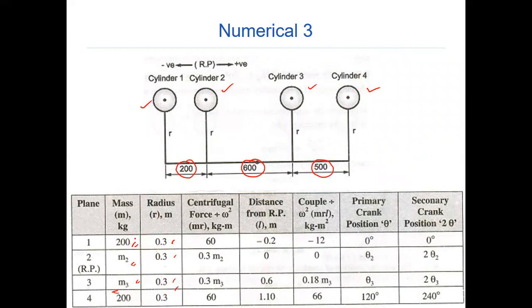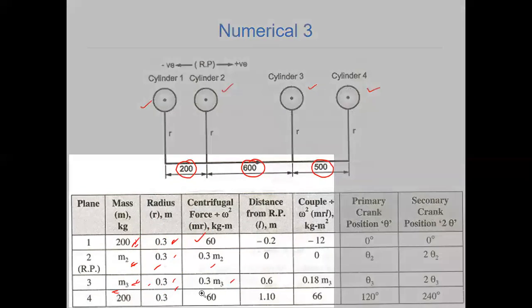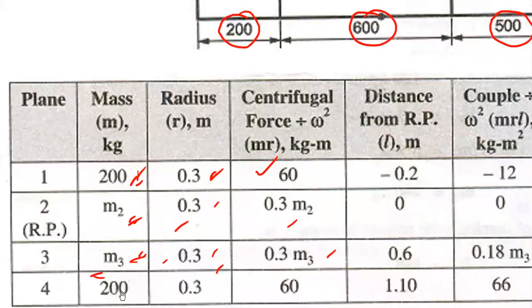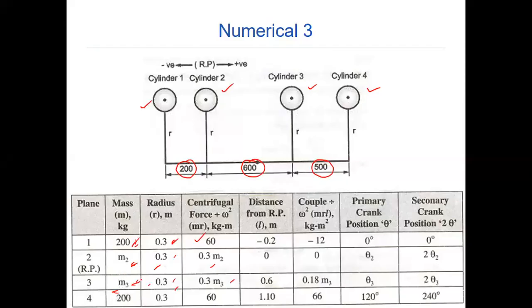You multiply mass and radius, these two, you will get this value. So now distances.